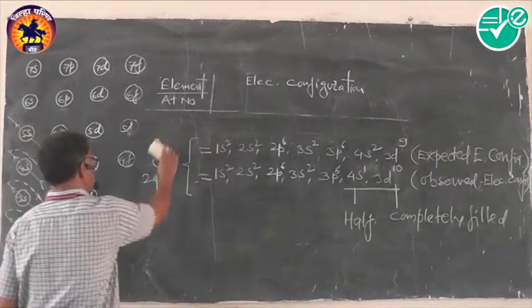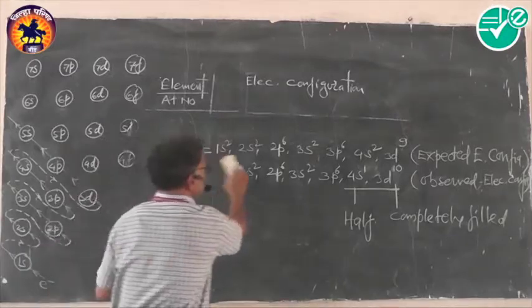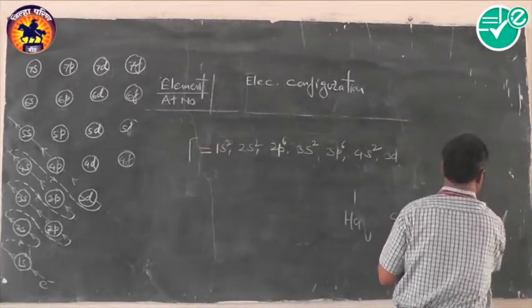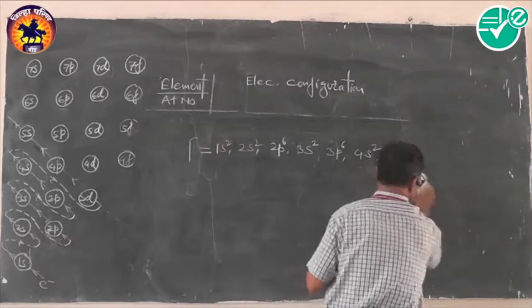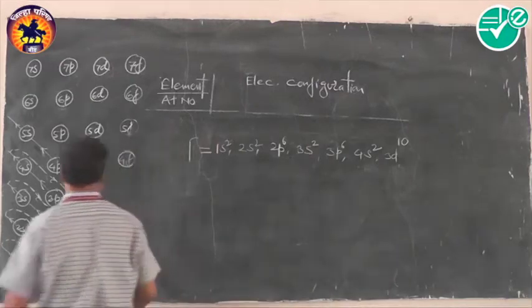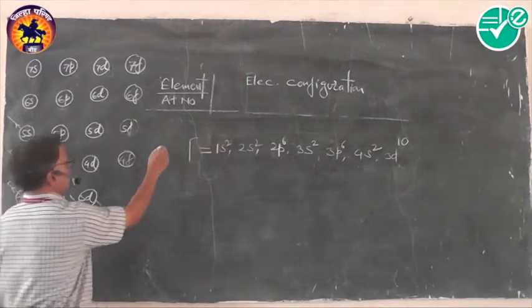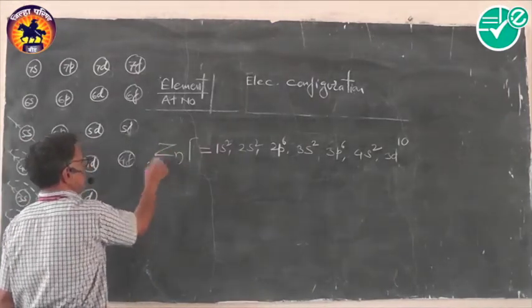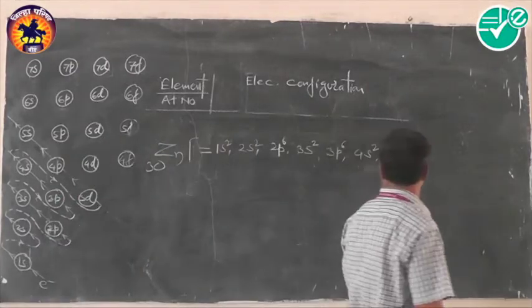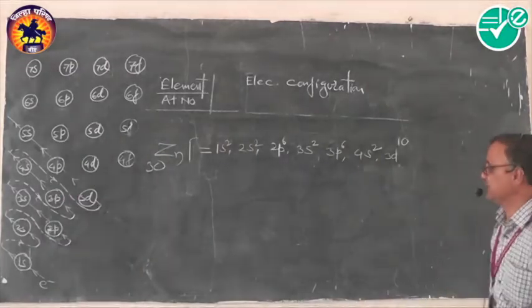And the last element is zinc. Only a single electron is added in the 3d subshell. So the electronic configuration of zinc with atomic number 30 becomes 1s2, 2s2, 2p6, 3s2, 3p6, 4s2 and 3d10.